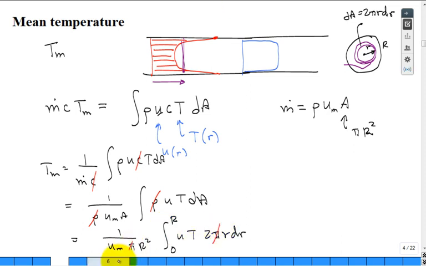You can change this equation around so much that it becomes very confusing. But think about it. What does this equation represent? It's a way to calculate the mean temperature. How do you describe how to calculate that mean temperature? Right here, maybe that's the easiest way to look at.